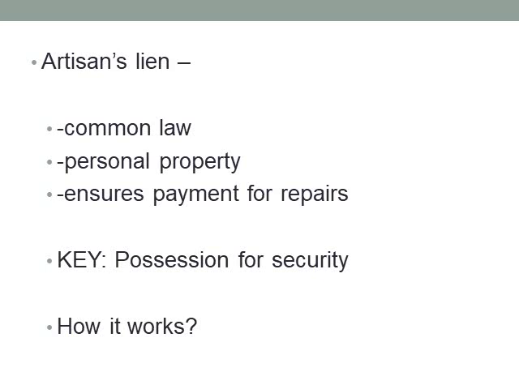The key is that the lien exists only while they have possession of the property. Once they voluntarily release the property to the owner and they haven't been paid, the lien is gone. So you have to have possession of it.